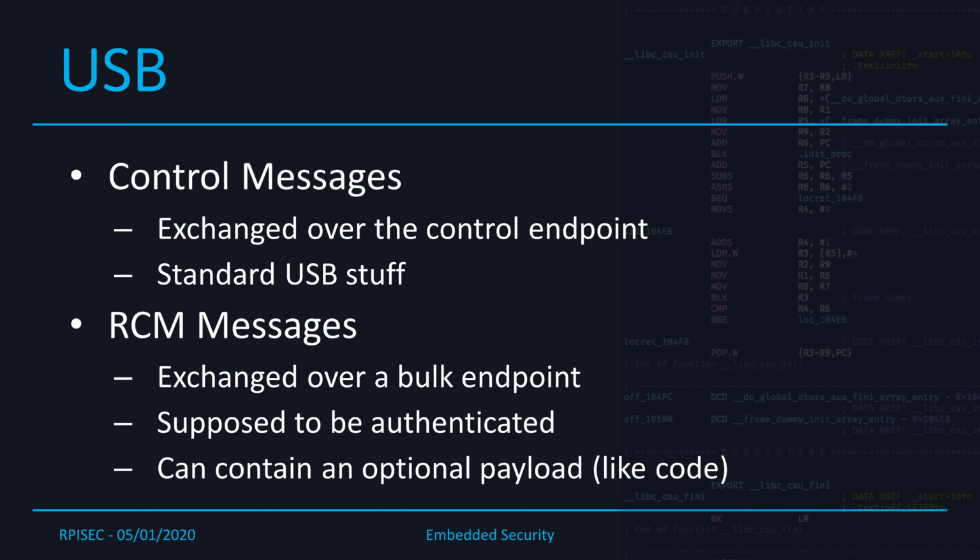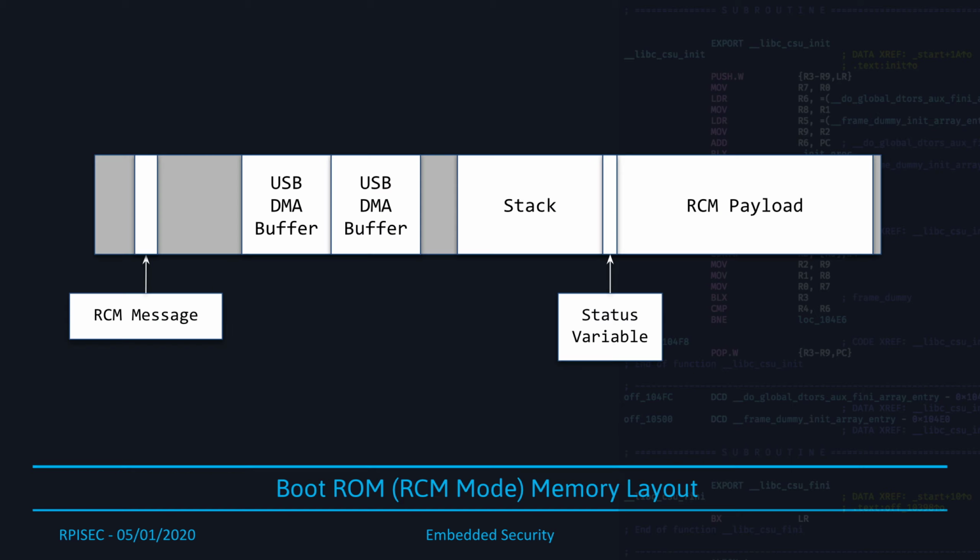But this is useful for recovering a device because you might have the device's software completely destroyed, you can't use the device at all, and you need to bootstrap something more complicated into memory that will run at this privilege level. So you might have a recovery applet that you're going to be loading over RCM mode that gets executed. And this payload can be fairly large, so that's why it's sent over the bulk endpoint.